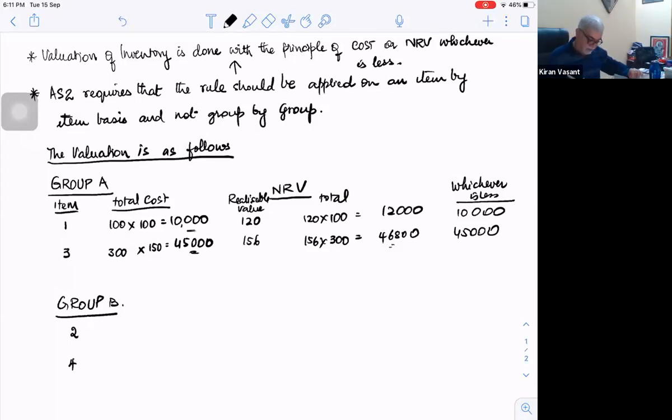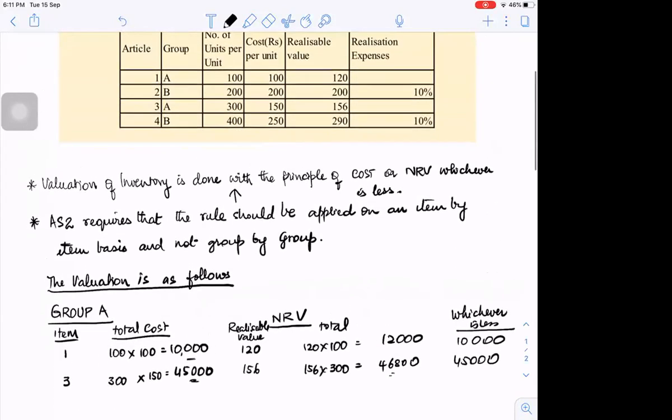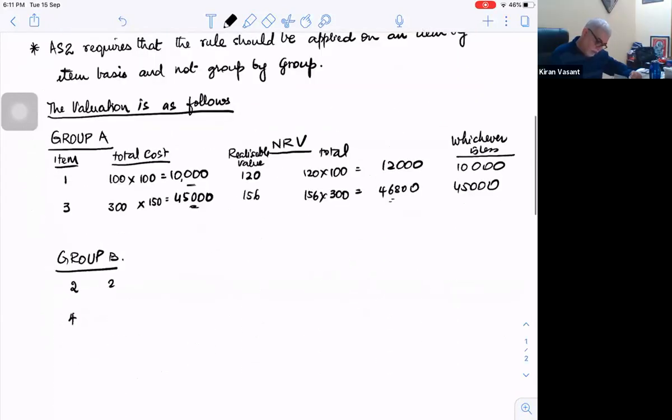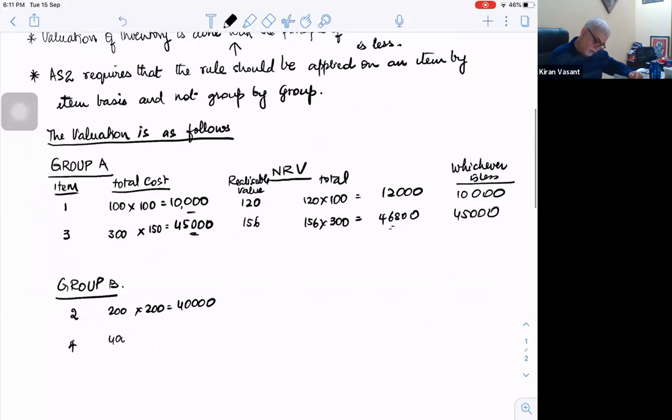Now, item 2. 200 into 200, 40,000. Then 400 into 250, so 1 lakh.